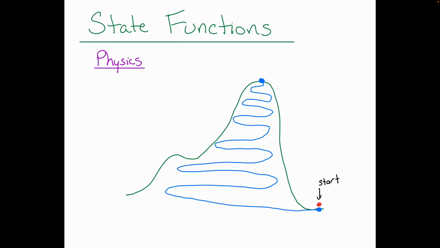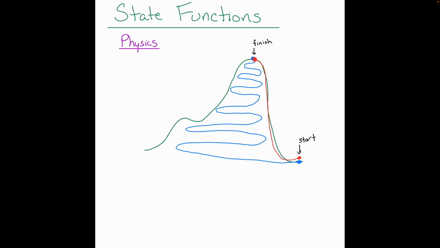Our red hiker is feeling all sorts of ambitious, and they're just going to beeline it right up the side until they get to the very top here. All right, they took the steep route. So they're both going to start in the same place. They're both going to finish in the same place.